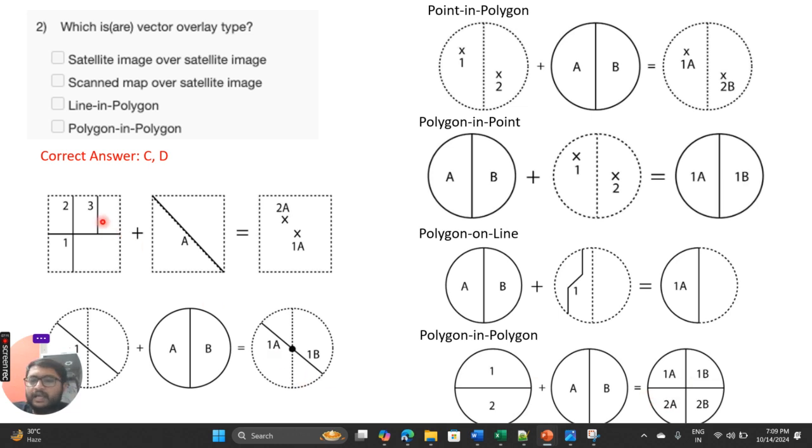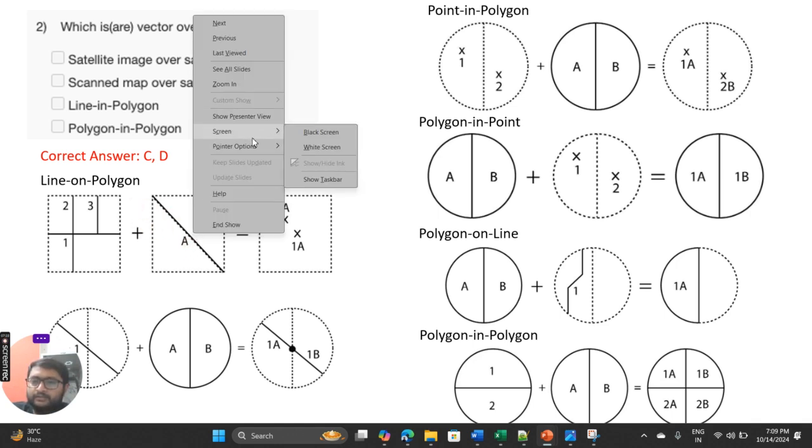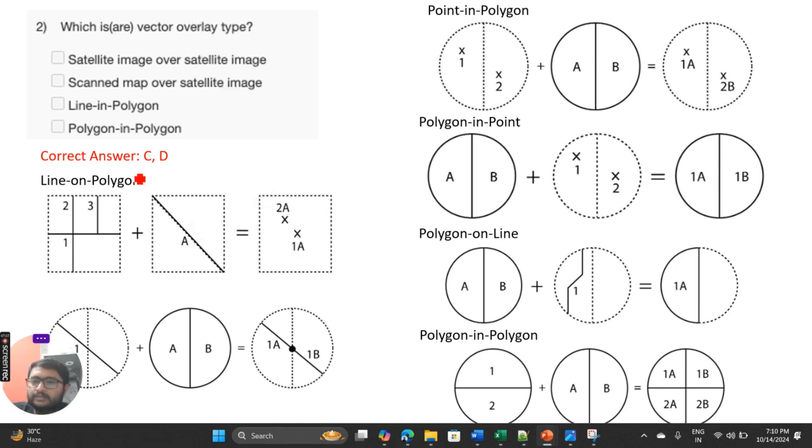Then we have line on line, or line on polygon. So this is, sorry, line in line. Two lines are there, so it will give the intersection where these two lines connect with each other. This is line on line, not polygon.